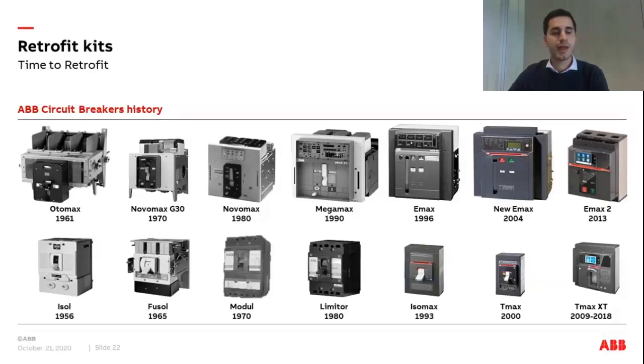In the second timeline, there are moulded case circuit breakers from the Isol to the Isomax to the T-Max 60 series. As a service, we develop solutions in order to upgrade switchgear where Automax, Megamax, or Isomax are installed with the latest technology of Emax2 or T-Max 60 series.